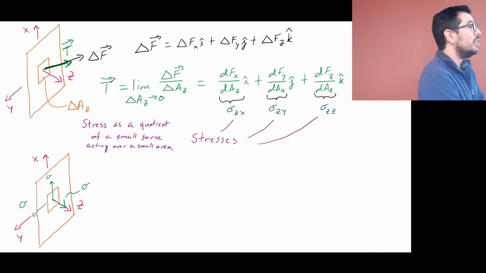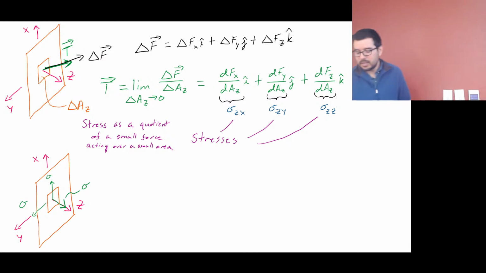Yeah. Okay. So we're looking at the direction of the area as the first index, and the direction of the force as the second one. If we have everything coming out of the z face, all three of these are going to have the first index of z.